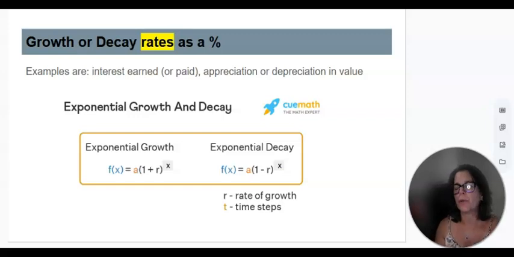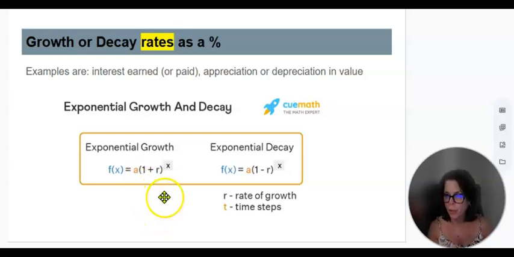So because the growth or decay rate as a percentage kind of hides in that exponential function equation, y equals a times b to the power of x, it's easier for us to write exponential growth and decay as either y equals a times (1 plus r) to the power of x, or y equals a times (1 minus r) to the power of x.